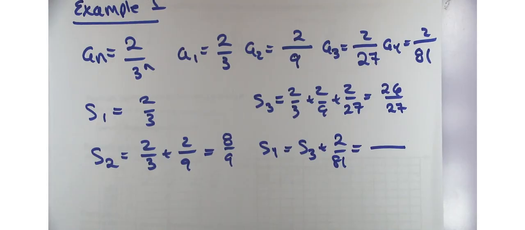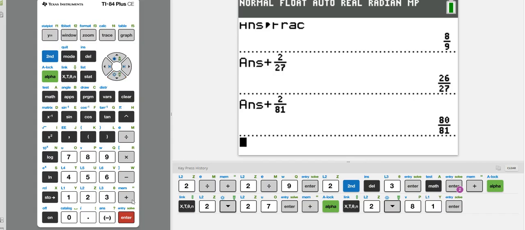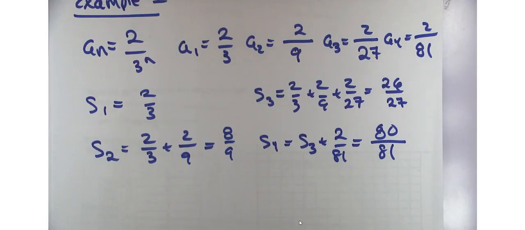What am I going to get for that one? 80 over 81. All right. And it's nice to see that that prediction comes true. So plus, again, added it in as a fraction, 2 over 81. Well done. Thank you. 80 over 81. Nice.